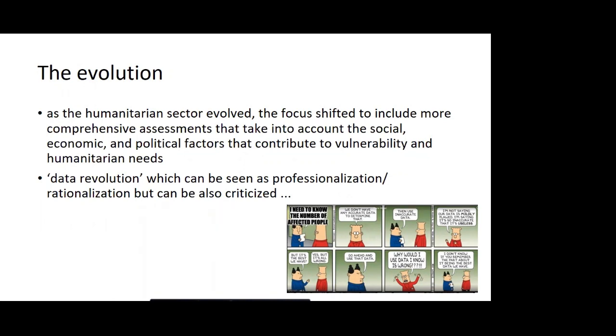And the assessment started to include not just the immediate needs, but also take into account more of the social, economic, and political factors that might contribute to the vulnerability of the populations that the humanitarian aid is trying to support.